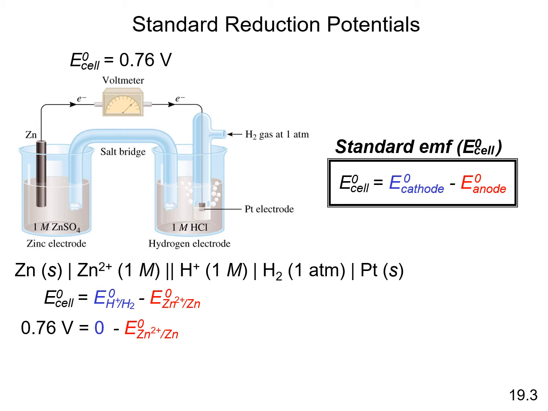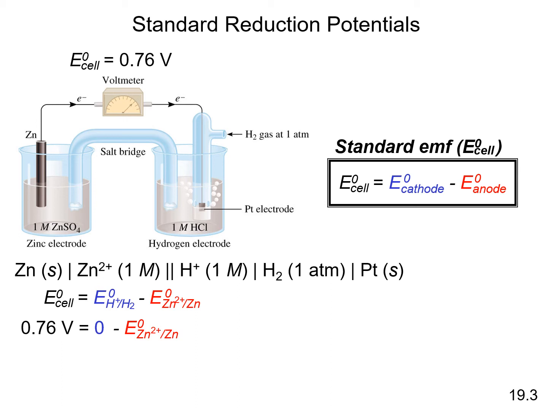So the formula now is E cell is equal to E of the cathode minus E of the anode. Again, once the half cell potentials are determined, we can always calculate our E cell.